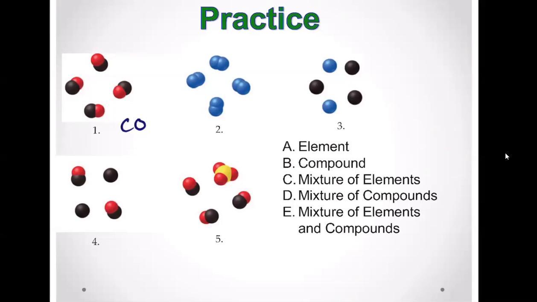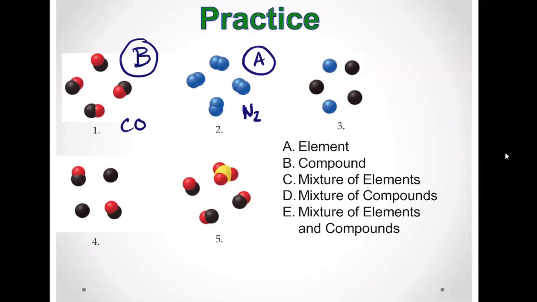Carbon is black, but every single one of those is a CO, so that would be B, just a compound. Looking at number 2, those are nitrogen molecules, N2, pure nitrogen, and so that is A, for element.